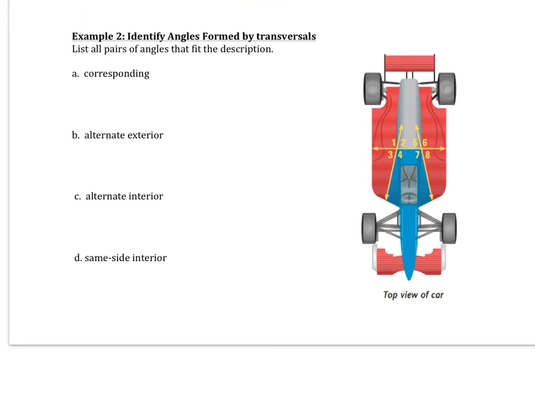Okay, we're going to do the same thing, only this time you can see it's kind of an Indy car. I'm going to highlight the interior. I'm going to highlight it purple so it shows up a little bit. Okay, there's the interior. Which angles are in the interior? 2, 5, 4, and 7. That's important to note.